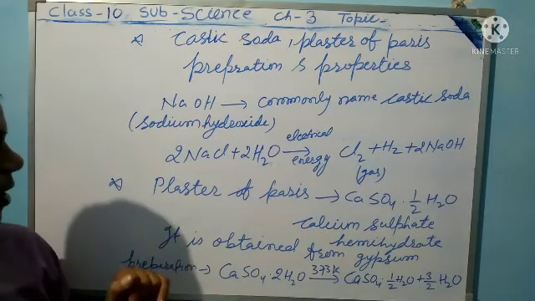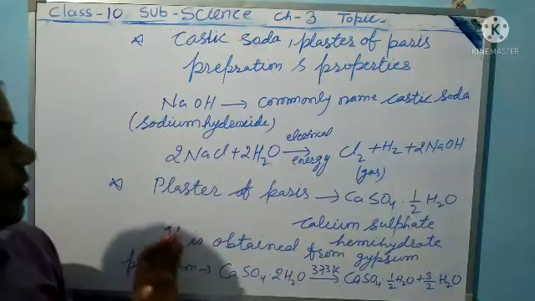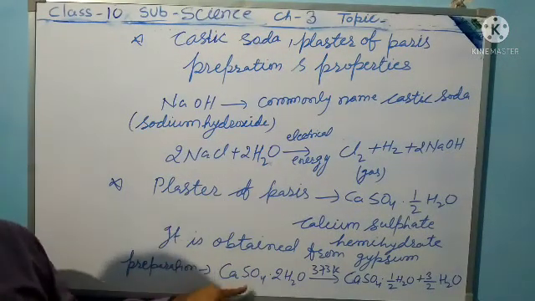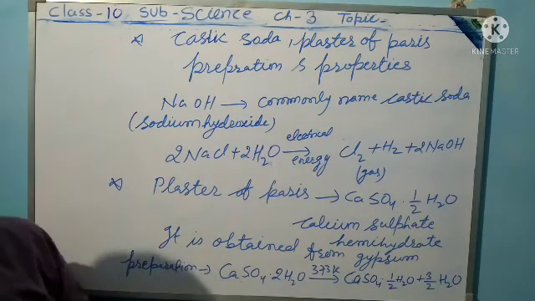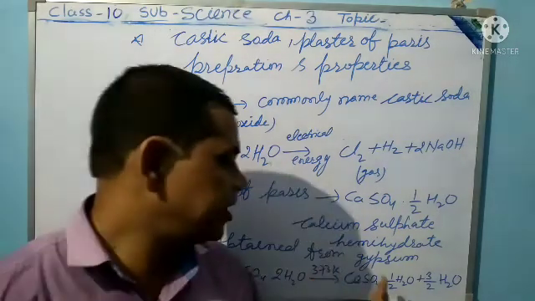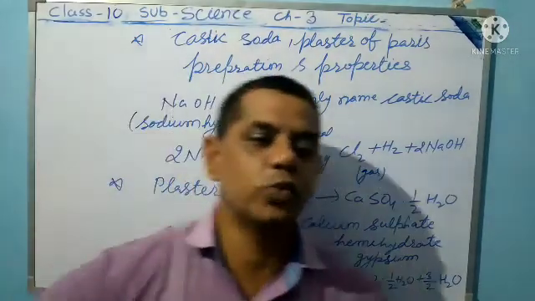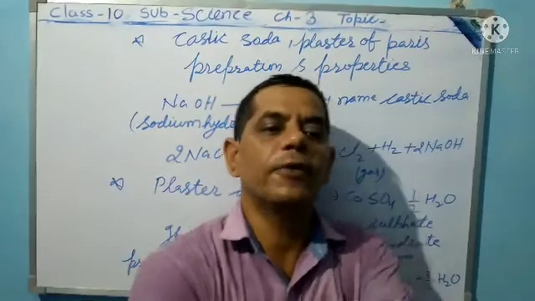At a temperature of 373 Kelvin, CaSO4 2H2O gives CaSO4 1/2 H2O plus 3/2 H2O. This reaction is the preparation of plaster of Paris.